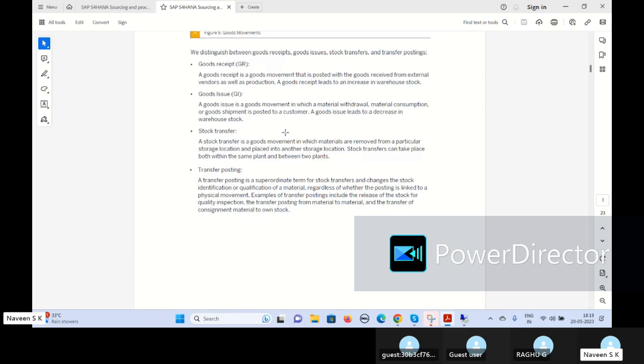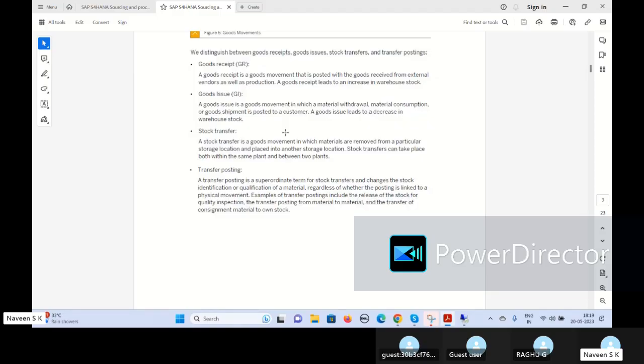So this kind of movement, the stock type movements, is called transfer posting. Maybe we are moving from quality to unrestricted, or blocked to quality. Within the same storage location, we are just changing the stock types.